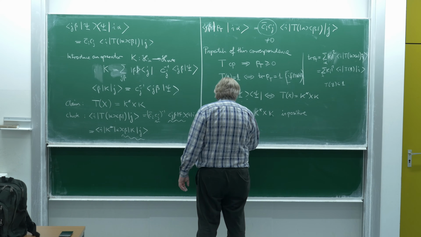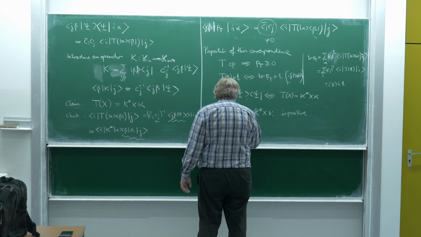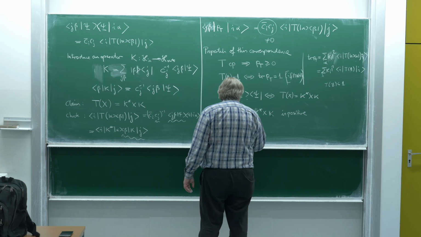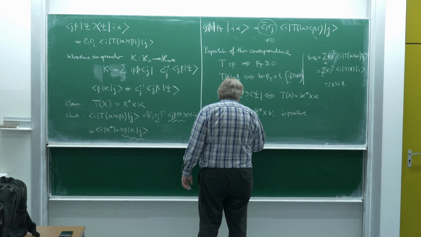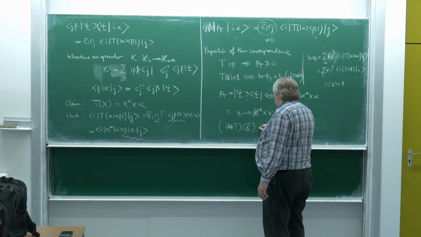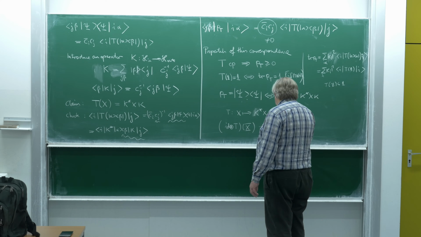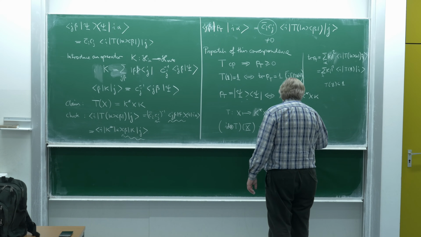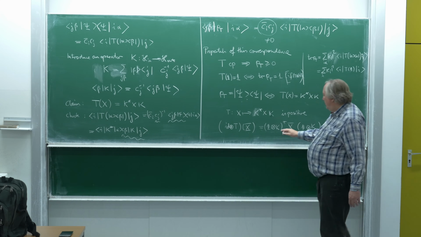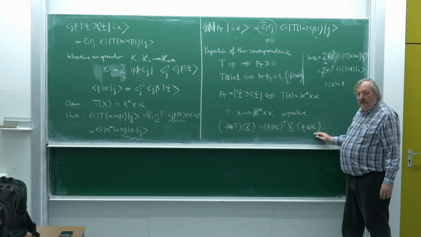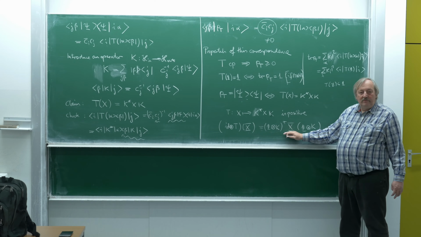identity tensor this map T, identity tensor T of any map X in the larger space, is just the identity tensor K star X identity tensor K. Just write it out. If you multiply with identity tensor K, then nothing happens to anything in the first factor.